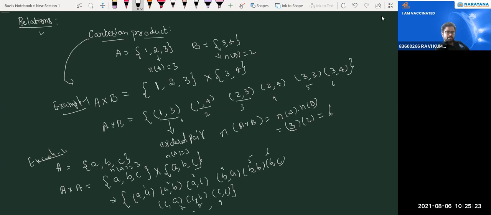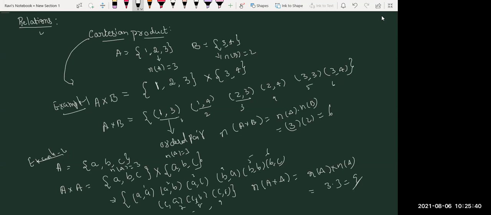How many ordered pairs in total? 9, sir. So n(A cross A) is nothing but 3 into 3, which is 9 elements. Do all of you understand? Understood, sir. Now the question they will ask in the Monday exam: set A, n(A) has 7 elements, n(B) has 4 elements. Then what is the number of elements in A cross B?